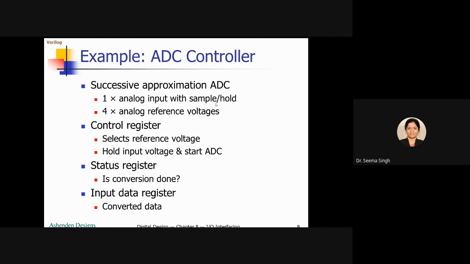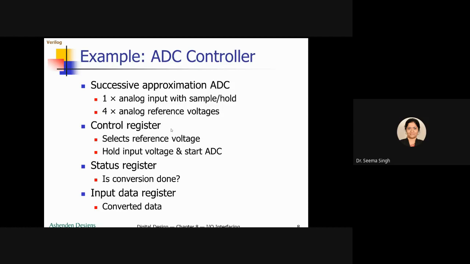This is about our first class where the successive approximation register was there, and I told you that if there is an input waiting for it, it has to sample and hold it. So that is your analog input with sample and hold. You remember there were 4 analog references. Now I don't have the diagram of that. Anyway, I will try to show that to you.